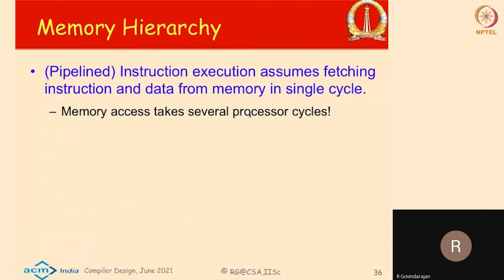The importance of memory is that it takes several cycles to access the memory, whereas in pipelined instruction execution we are talking about executing one instruction every cycle. But you have to fetch the instruction from the memory. You have to possibly fetch or store operands for load store instructions from the memory. And if they take several cycles, then that becomes extremely slow.